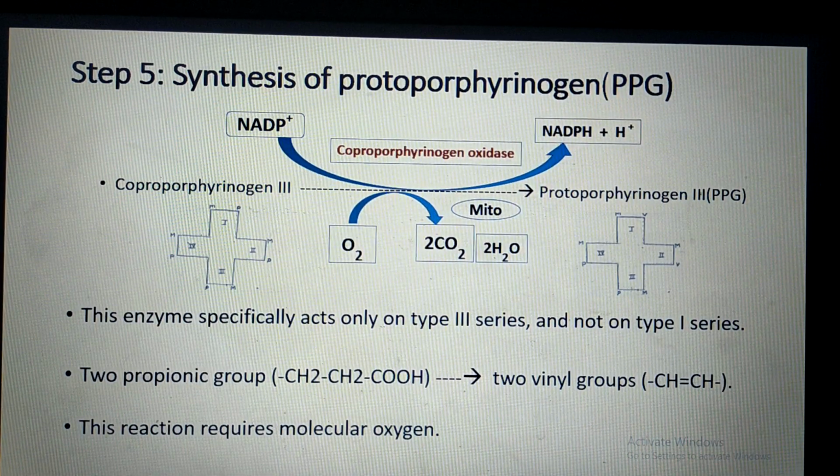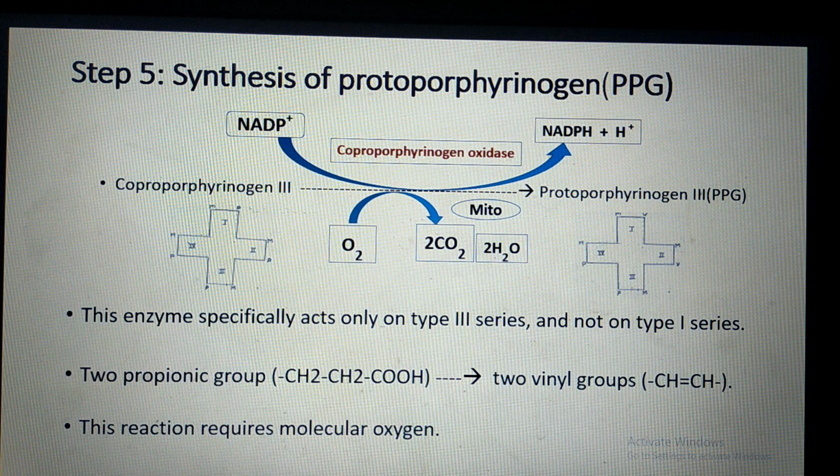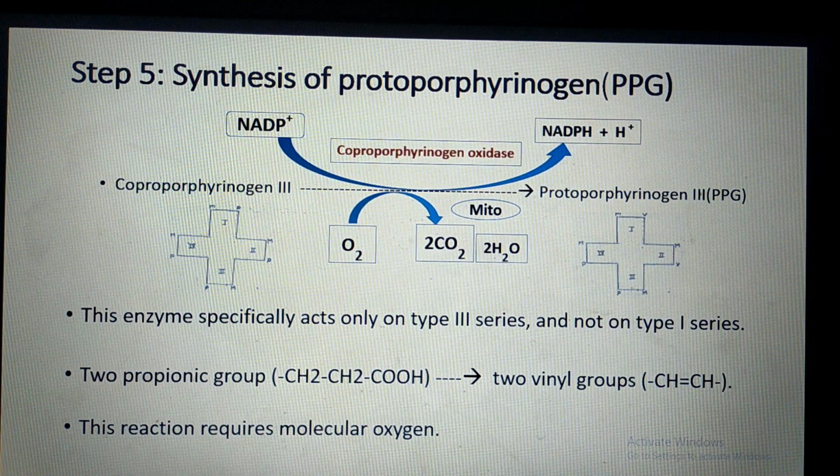After entering the mitochondria, coproporphyrinogen 3 undergoes oxidative decarboxylation to form protoporphyrinogen 3 with the help of the enzyme coproporphyrinogen oxidase. Here oxidation occurs by removal of 2 hydrogen atoms which are accepted by NADPH, and decarboxylation occurs by removal of a carbon dioxide molecule.